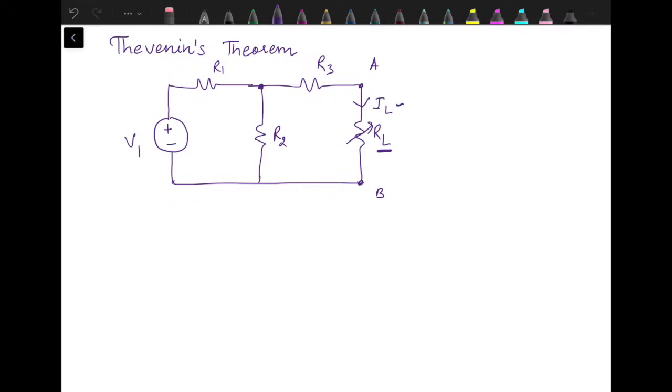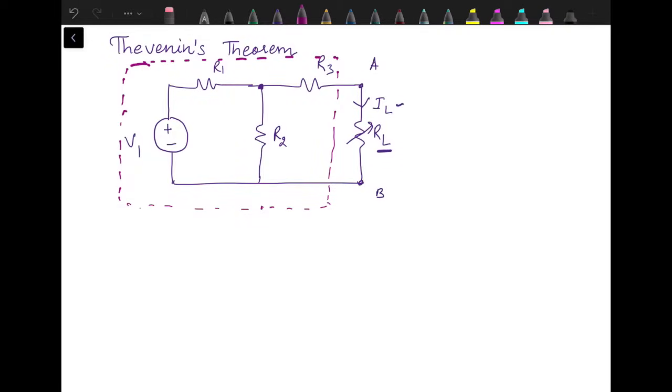And if we go with mesh analysis, then we have to write the two mesh equations 10 times, and solve them again and again 10 times to find out the current through resistance RL. In such cases, when we are interested in analyzing the circuit for a particular resistance, it's more suitable to draw the Thevenin equivalent of this circuit.